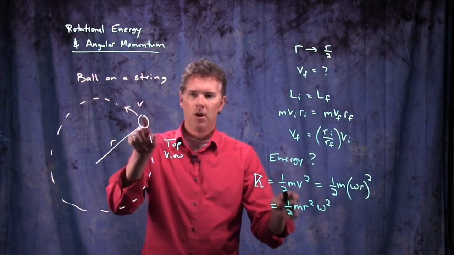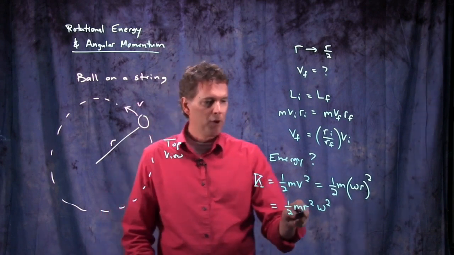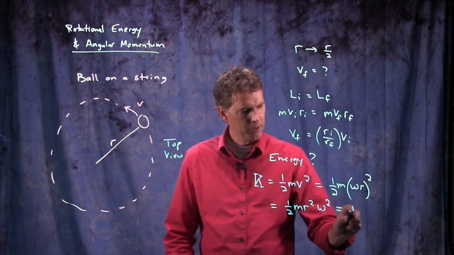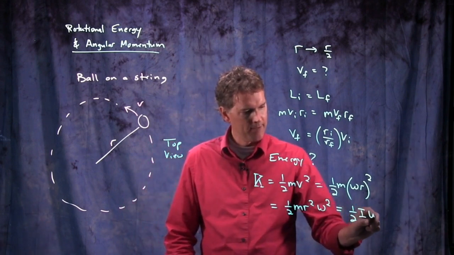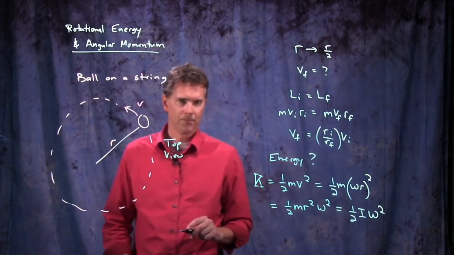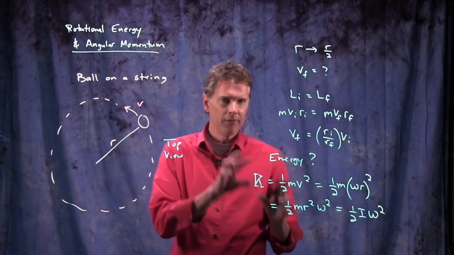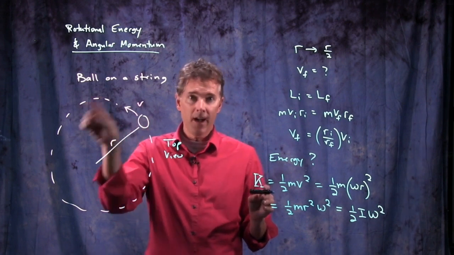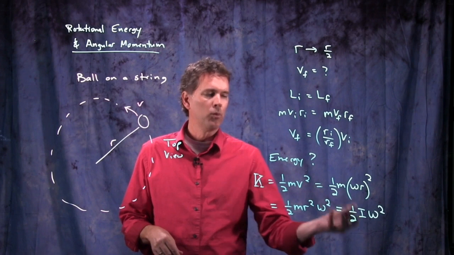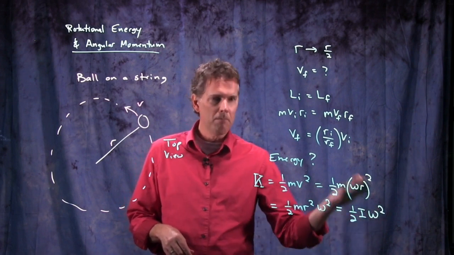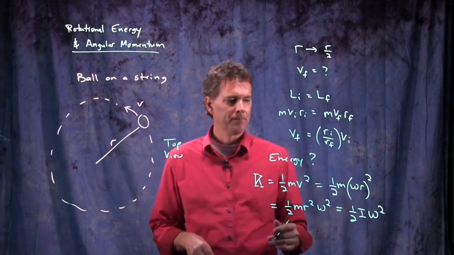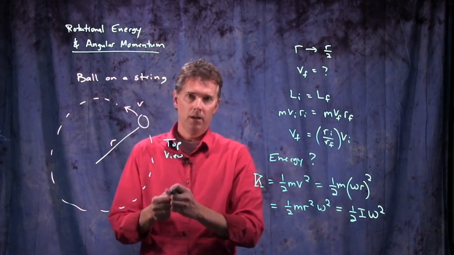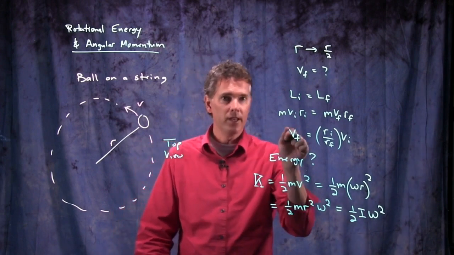But if it's a ball on the end of a string, mr squared is the moment of inertia. So this thing is exactly equal to 1/2 I omega squared. So rotational energy is really just the same idea as kinetic energy. How fast is that thing moving? We're just going to write it in terms of these other variables, moment of inertia and omega. Okay? So does omega go up as you pull it in? Absolutely. Just like v went up.